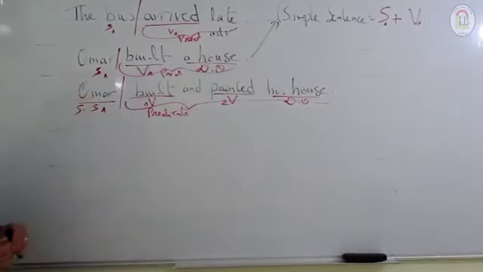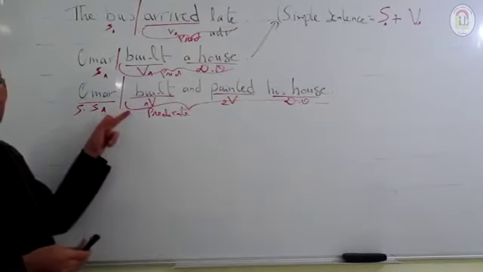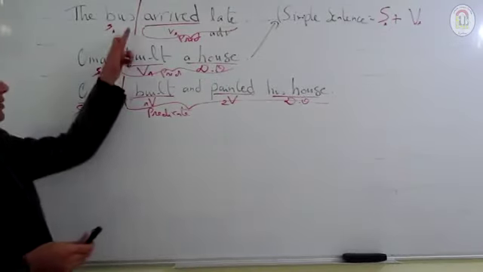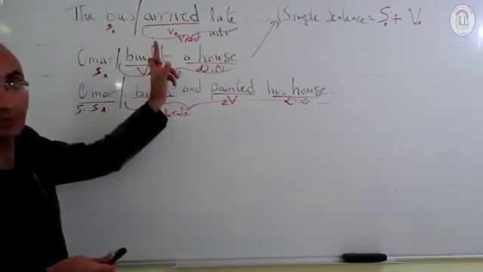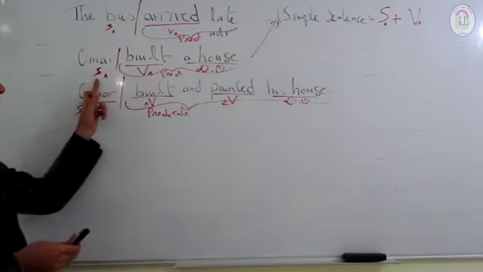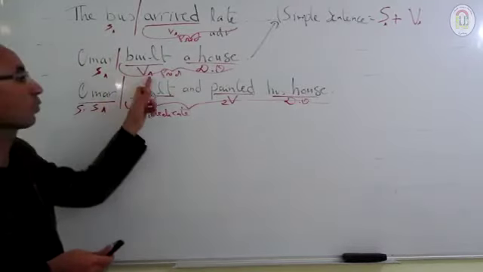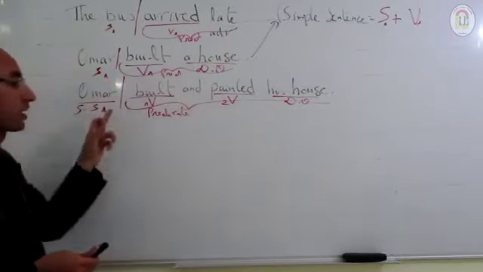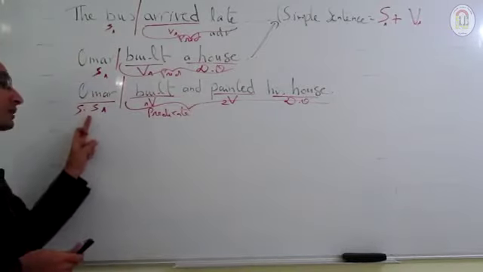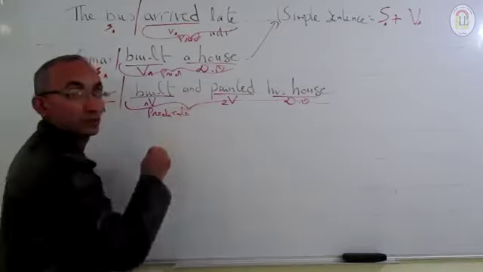Good. Now, if you compare this example with the two previous ones, here I have one S plus one V. You said it's simple. Here also one subject plus one verb. So also it is simple. Now, how about this example when I have one subject plus two verbs?